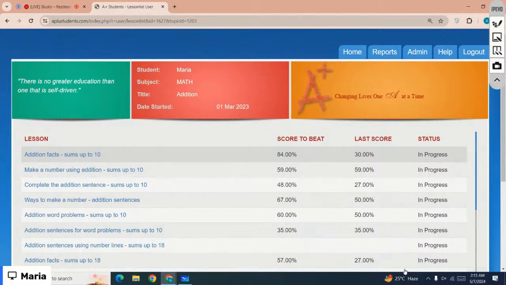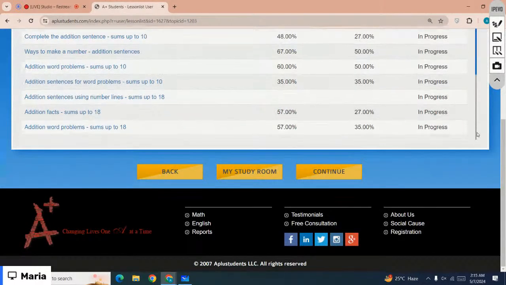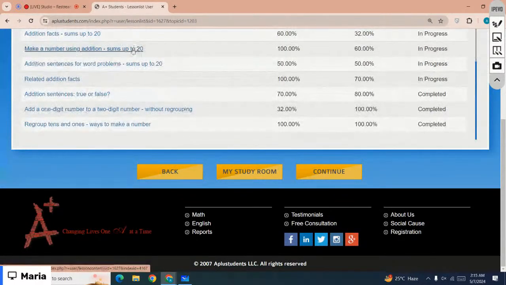Okay, the next lesson is make a number using addition. That's the one we just finished. Addition sentences for word problems. You can do it on your own. Related addition facts. Let's just start with the lesson.